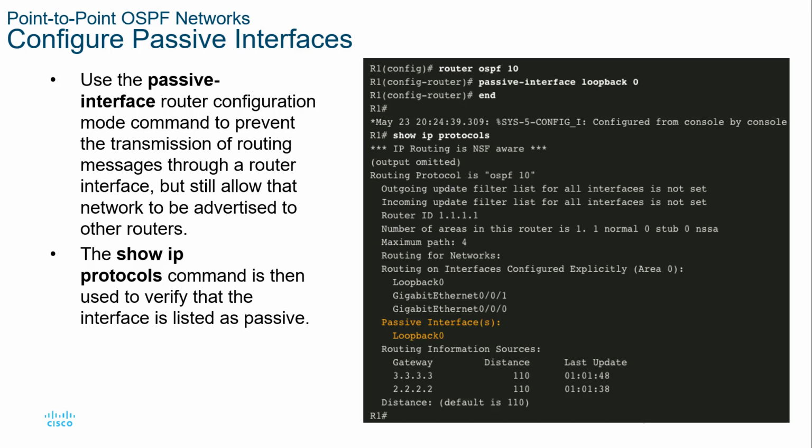And you'll notice here, it will show us the information like router ID, maximum paths. It will show routing on the interfaces explicitly, and it'll also list where the passive interfaces are located. Here we only have the loopback as passive.